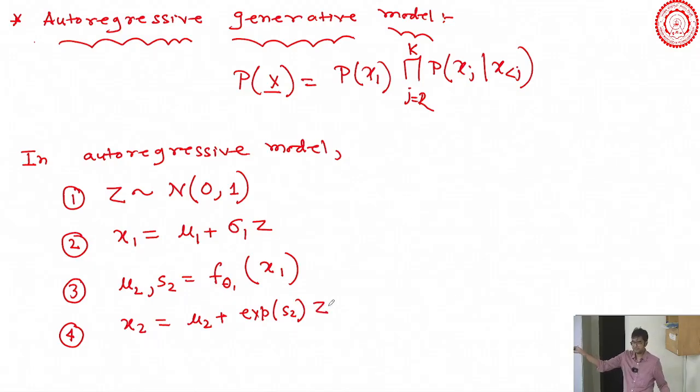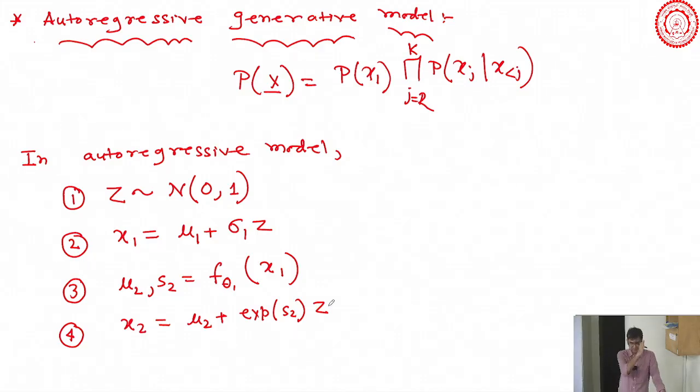Exponential I am doing so that it is non-negative, obviously. Clear? And this I can continue. You can sample again. I'm using the same sample, but you should sample again. I'm not showing it, but you should sample again, right? Because right now sampling is not the point. I want to relate it with the invertible one, so that's why I'm not doing that. Correct?